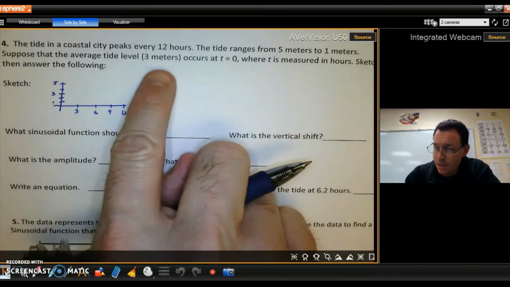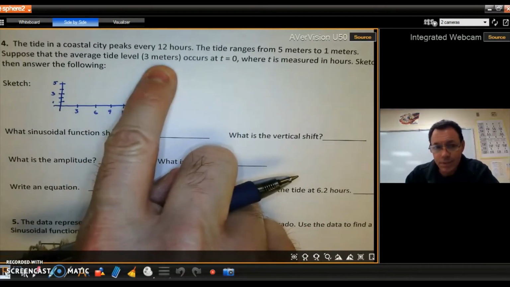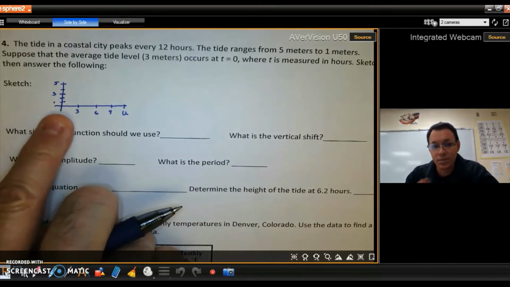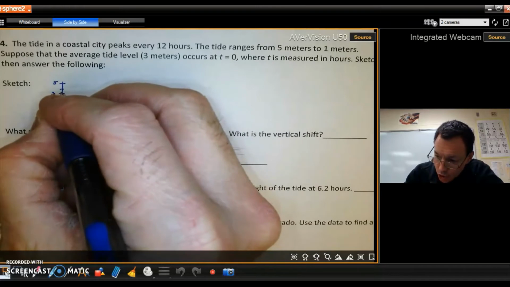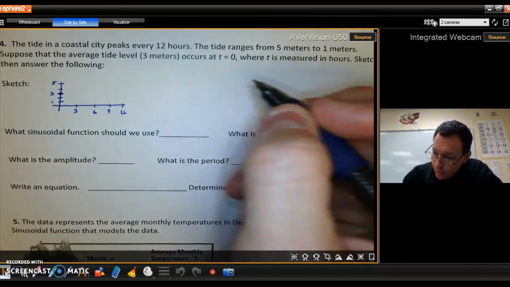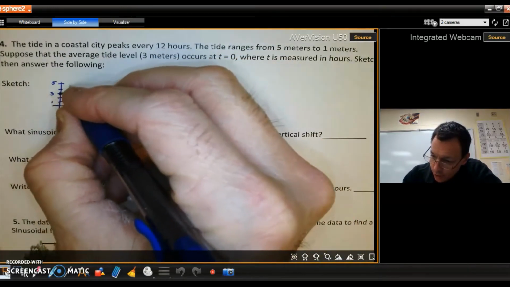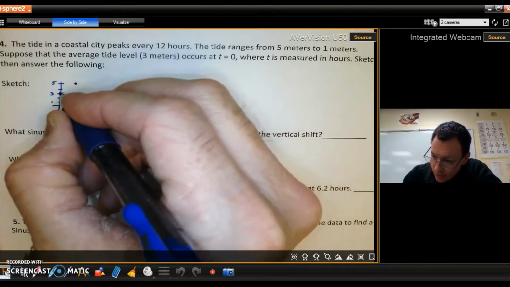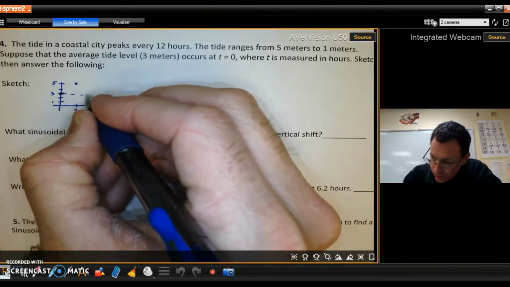Now, the problem says that the average tide is at time equals 0. So that's the beginning of our graph. That means our graph is starting here. Then from here, the graph is going to go up to a high tide of 5. Now I'm going to draw this little dotted line.